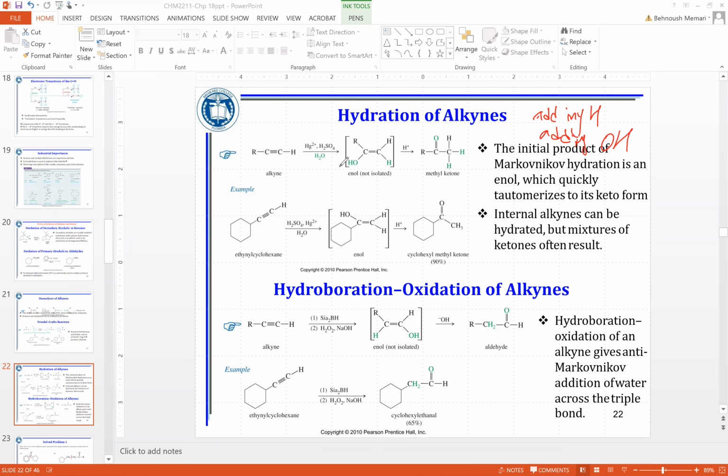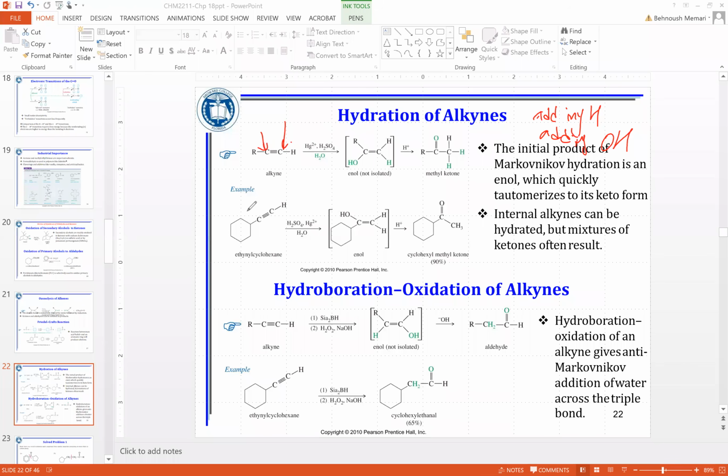So if you have a CC triple bond and you add H, based on Markovnikov rule, which carbon should take the hydrogen? Carbon 1 or carbon 2?